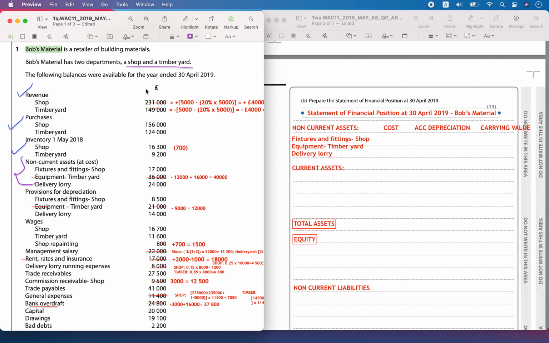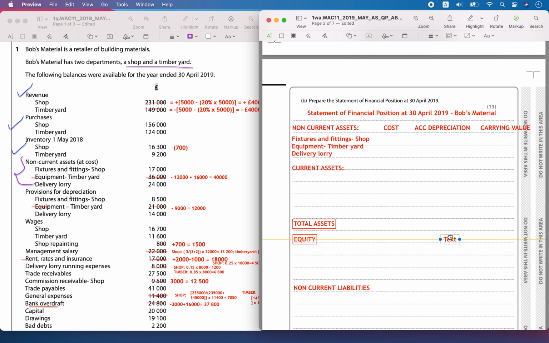Now all this is in pounds, so I'm going to write pounds at the top. Now let's calculate here. First one is the cost.